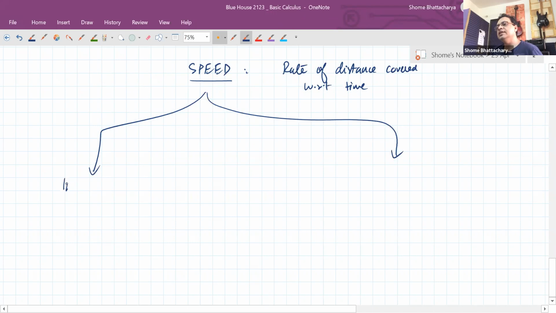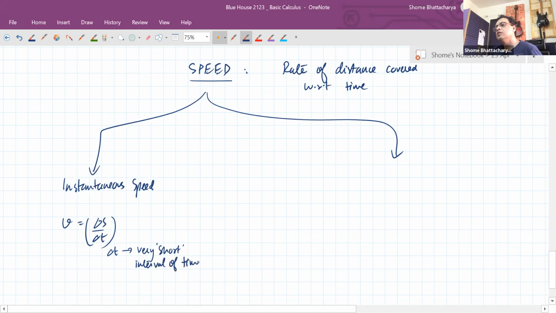One is the instantaneous speed, which we might denote with the symbol V. So the instantaneous speed we will write like this: it is delta S by delta T, where delta T is specifically a very short interval of time. So because it's a very short interval of time, the instantaneous speed is speed at an instant.